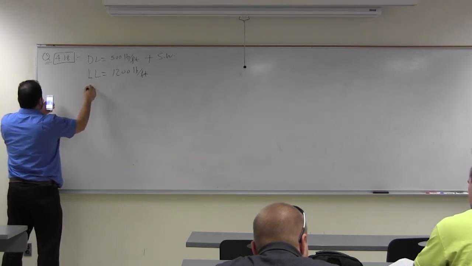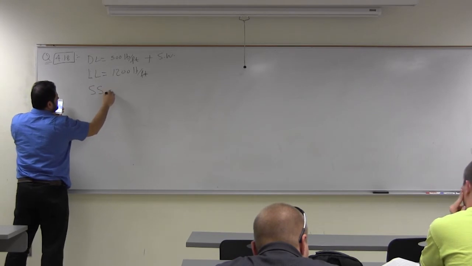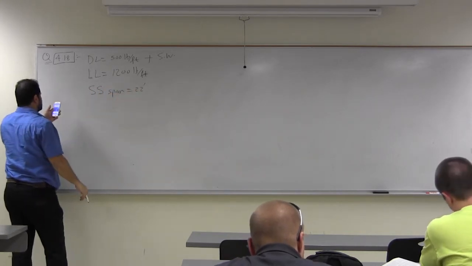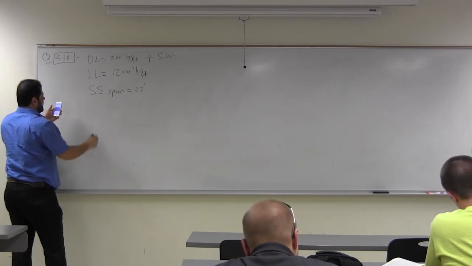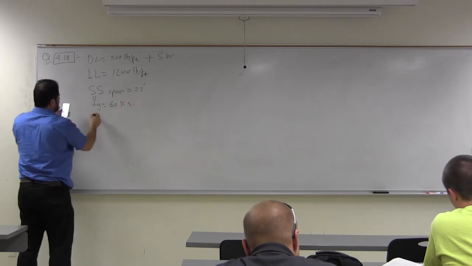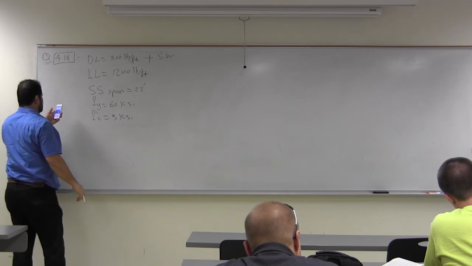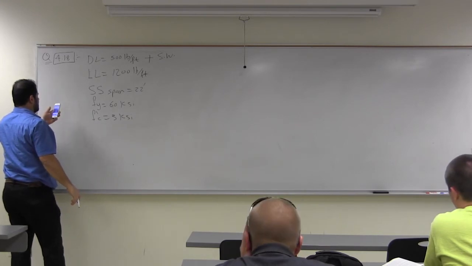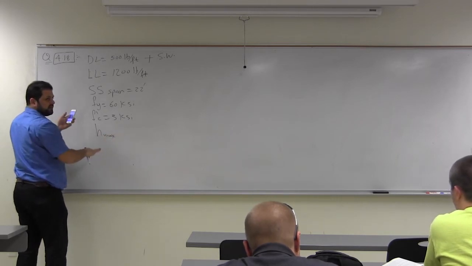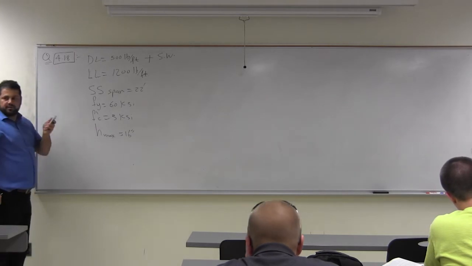Span, simply supported span equal 22 foot. Fy equal 60 ksi. F prime c equal 3 ksi. H max, the maximum depth cannot be greater than 16 inch. It's given.